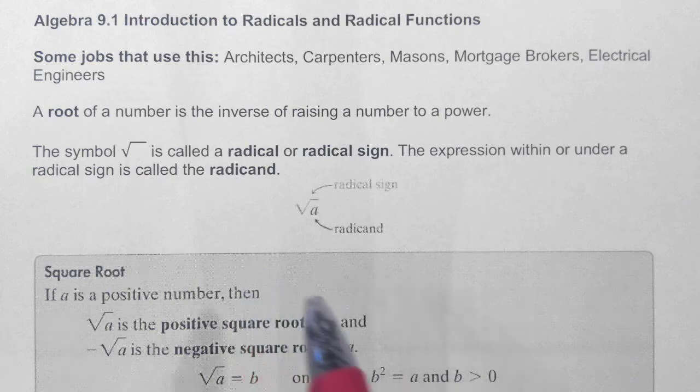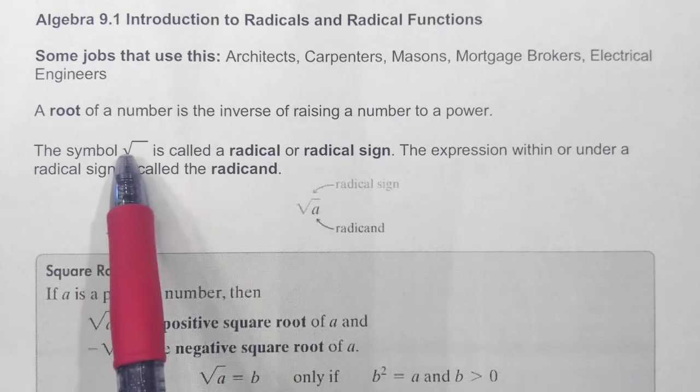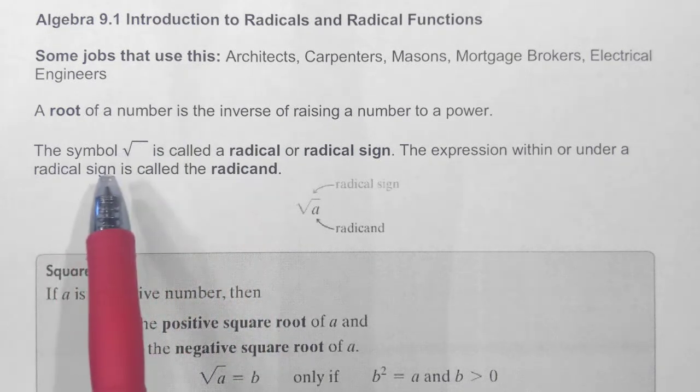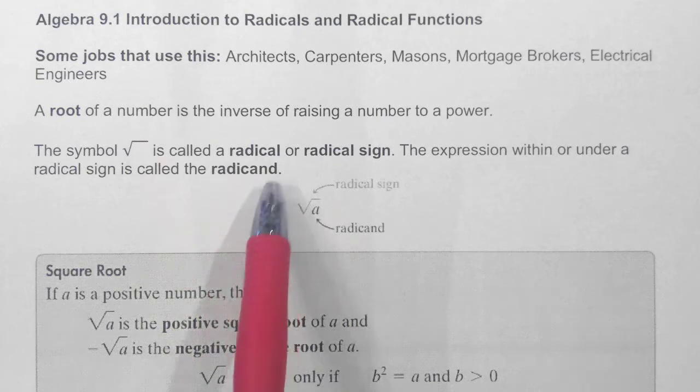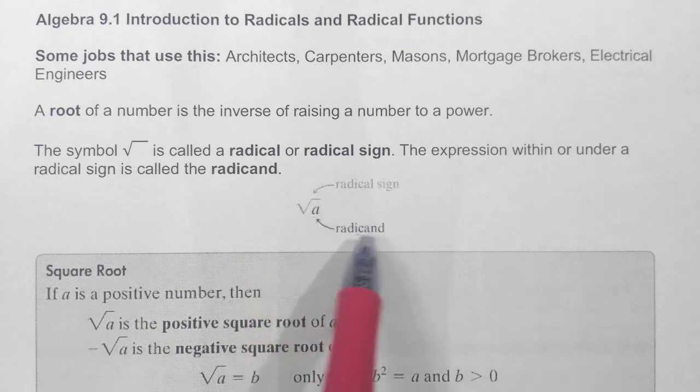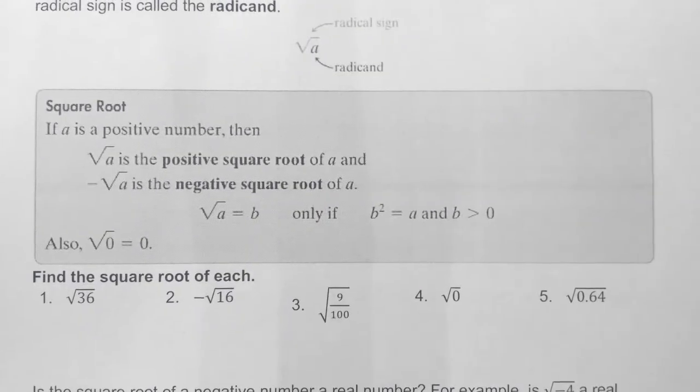A root is asking you what number times itself is this number, whatever is under the radical. That symbol is called a radical or a radical sign. The expression underneath it is the radicand. So the sign is the radical, the number inside is the radicand. Just gets you some technical jargon there.